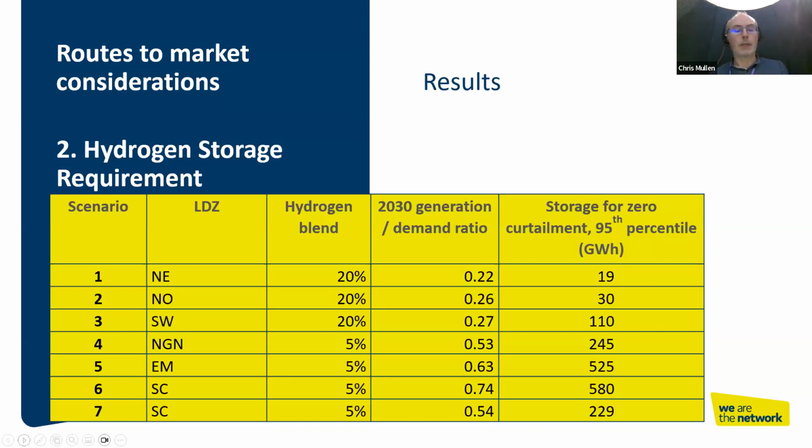Just to note, the last scenario, we added in a model of wind farm maintenance that reduces the energy generation over the year, and that means that the storage required is a lot less. Comparing with the scenario without maintenance, which is the one above, number 6, you can see that it makes a very significant difference. Next slide, please, Michelle.